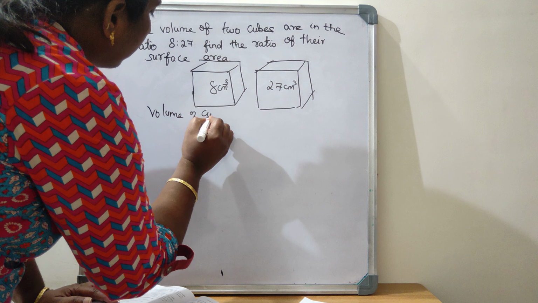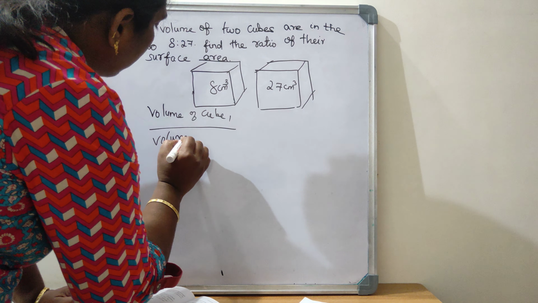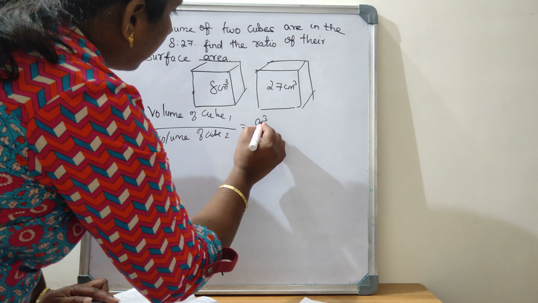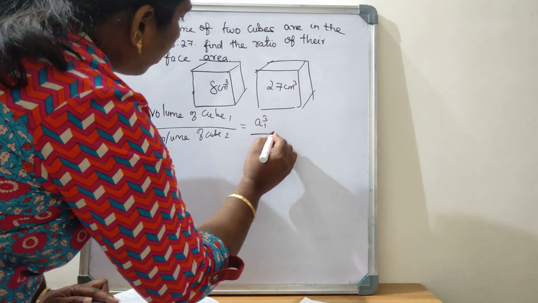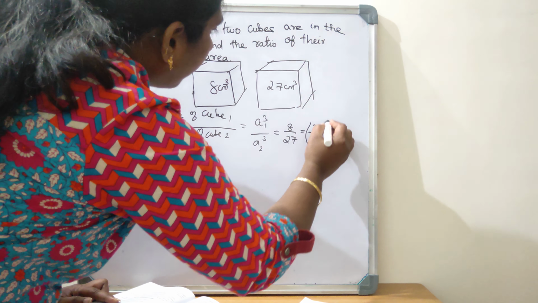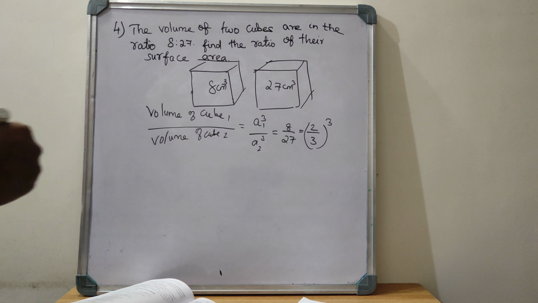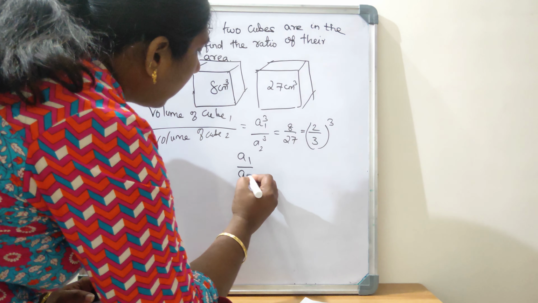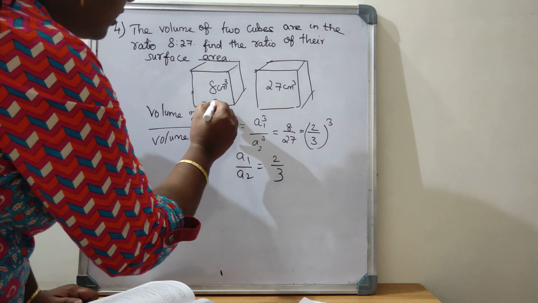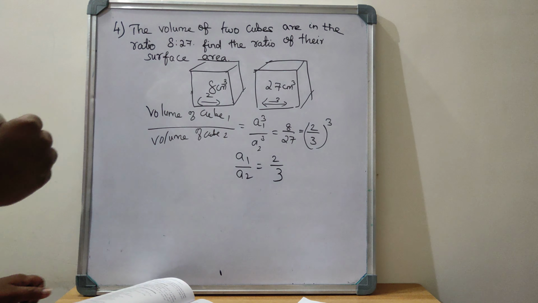Volume of cube 1 by volume of cube 2, that equal to A1 cube by A2 cube, that equal to 8 by 27. You can write it as 2 by 3 the whole cube, because cube root of 8 is 2 and the cube root of 27 is 3. So A1 by A2 is nothing but 2 by 3. So the first cube, this side is 2 and the second cube, the side is 3.